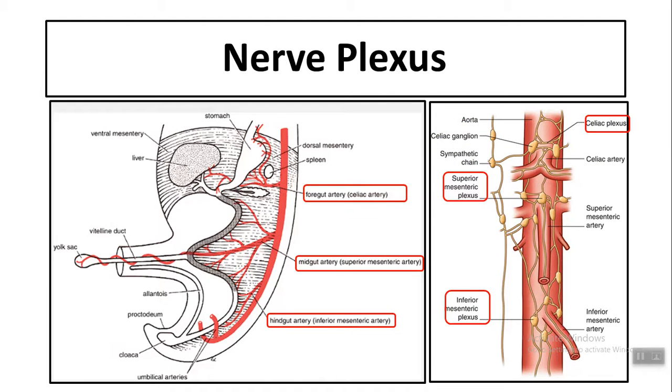What is the nerve supply? In general, there are 3 nerve plexuses, one around the celiac artery. This is the artery of the foregut, which is the celiac artery, the superior mesenteric artery, which is the midgut artery, and the inferior mesenteric artery, which is the hindgut artery. Around the origin of each artery, there is a plexus called the celiac plexus, superior mesenteric plexus, and inferior mesenteric plexus that contain autonomic nerves to supply each part of the gut.